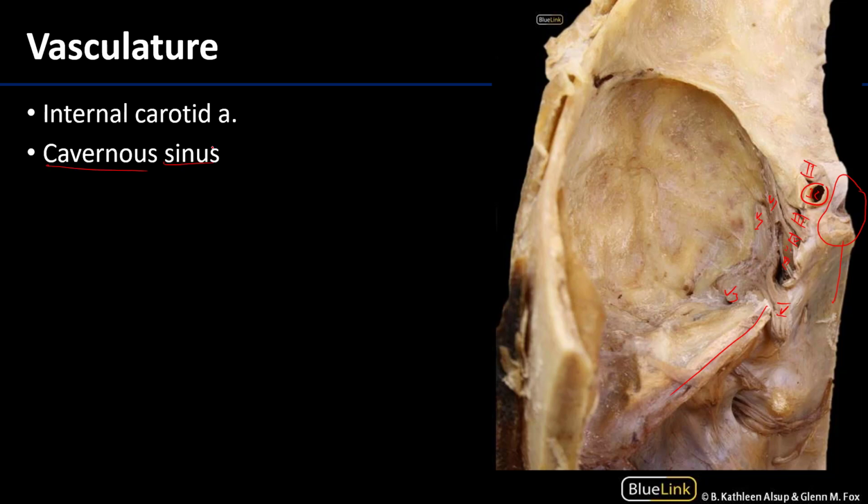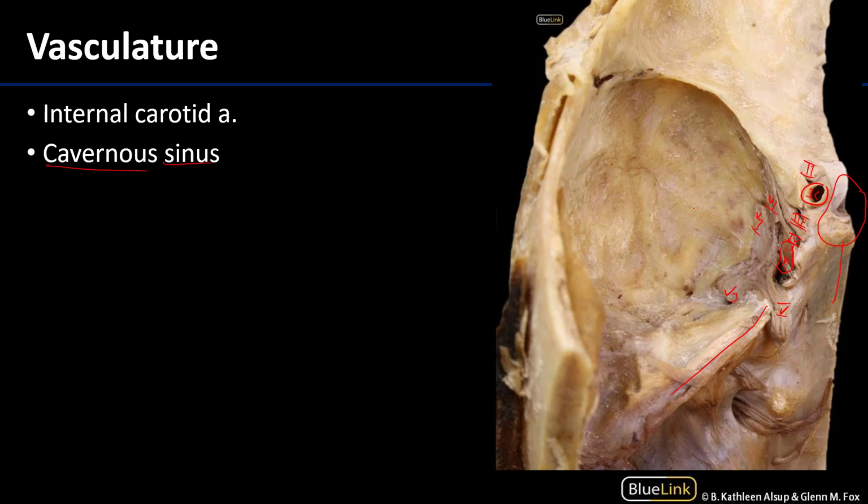And so looking into this space, we can see that the internal carotid artery and the abducens nerve, cranial nerve 6, traverse that cavernous sinus. And we can also see how 3, 4, V1, and V2 are embedded in the wall of that cavernous sinus.